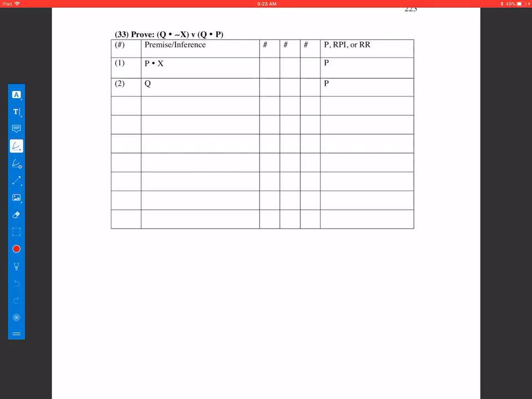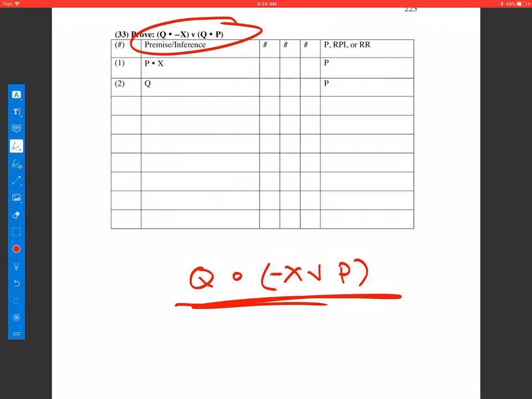More proofs. Okay, let's look at this one. We have to prove this: Q and not X, or Q and P. Now, one thing that I notice about that conclusion is there's a Q spread across a disjunction, which means in my mind that a Q had been distributed to a not X and a P, and so this is the same thing as our conclusion.